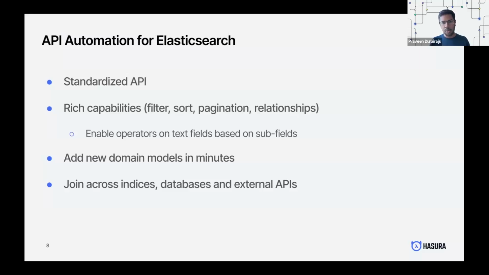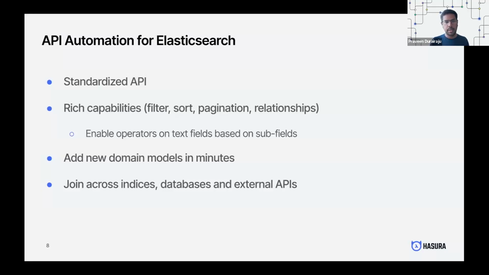Fundamentally, there are no relationships as a concept with Elasticsearch, but we'll see how we can join across these two sources. Typically you have a SQL join if there is a database with SQL, but Elasticsearch technically doesn't have a relationship within the same index. So you can also enable operators.